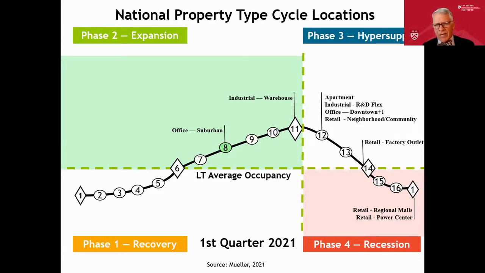Industrial warehouse is obviously at a peak because of the Amazon effect. In the hypersupply phase is pretty much every other property type, but retail malls and power centers are at their lowest cyclical occupancy rate.